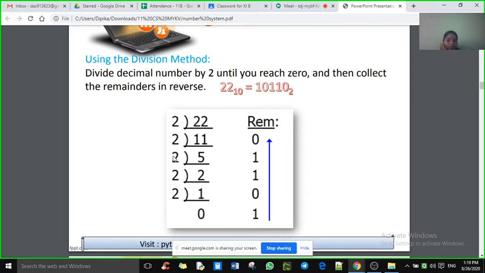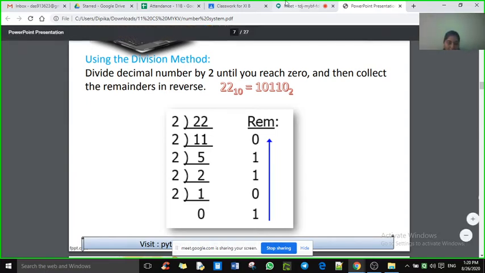Now next student, Sneha, you are dividing 5 by 2. What will be the result? Ma'am, 2. And remainder 1. Yes. Next, Swagat, you are dividing 2 by 2. What will be the result? 1.